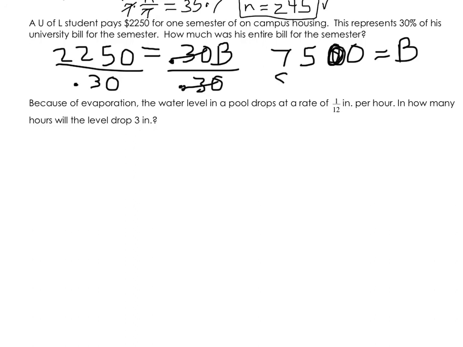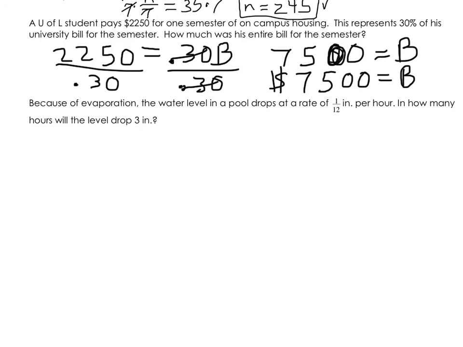So that gives us a final bill of $7,500. And that's more than the 2,250, so that makes sense. It's logical. So that's our final solution.